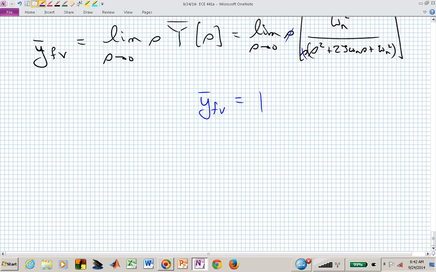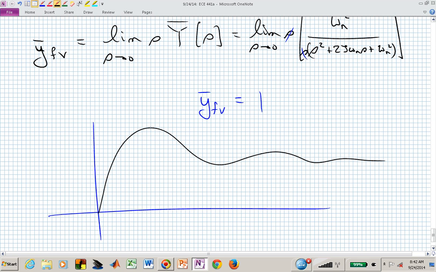Now, what's my percent overshoot? Pictorially, I take this point and this point, and this could be done for y as well as the barred output.